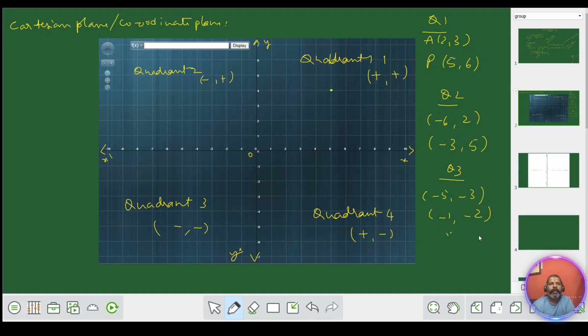Remember that, please. These are very important, because when you want to mark the points, you should know where that point falls. For quadrant 4 examples, 4 comma minus 3 or 3 comma minus 2, can we mark these 2 points in this? Yes, we can mark. We'll see that.